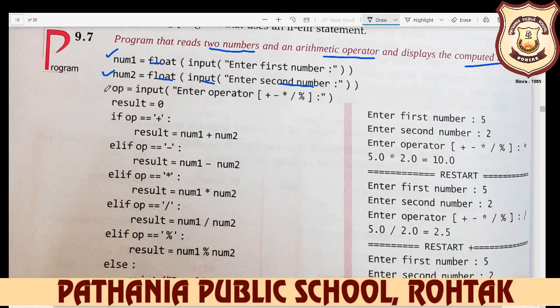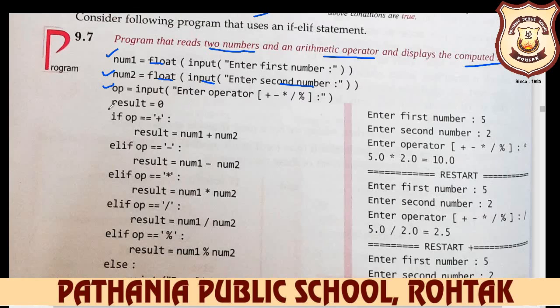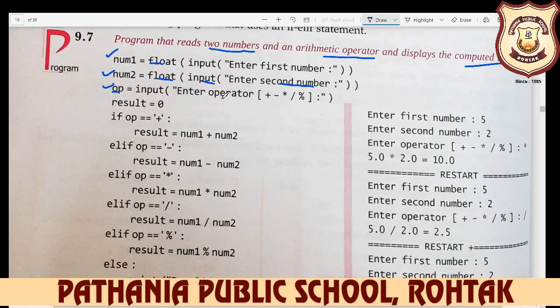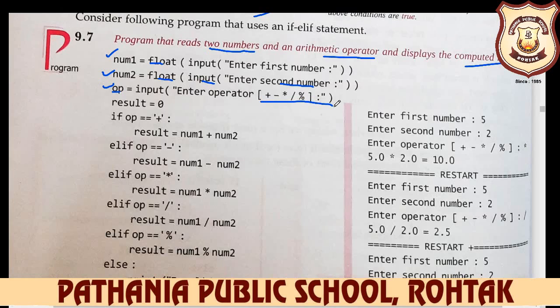And after that, op is another name of the option, or op is another name of the variable. So op stands for option. You can take any name for the variable. Here we take op is equal to input. Here we use the input function, and in the input function we display a statement for the user's ease: plus, minus, multiply.